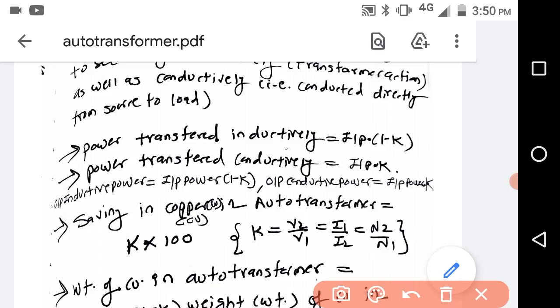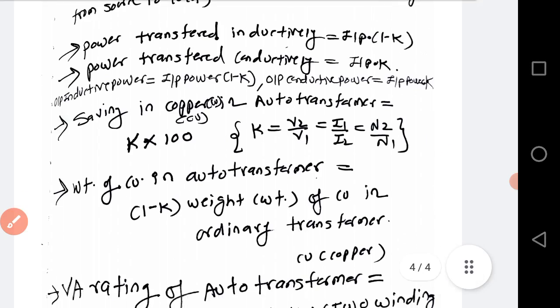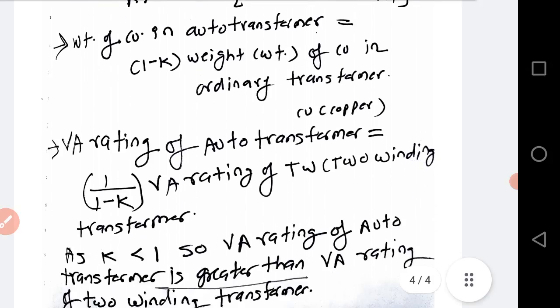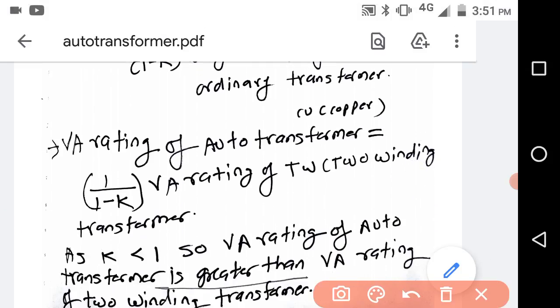Power transferred conductively is input power into K. Then the saving in copper in case of an auto transformer is equal to K, that is the transformation ratio. Now the weight of copper in an auto transformer is equal to 1 minus K times the weight of copper in an ordinary transformer. The VA rating of an auto transformer is equal to 1 by 1 minus K times the VA rating of a two winding transformer.